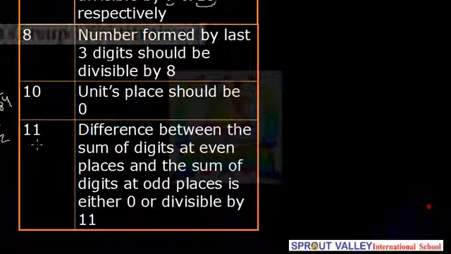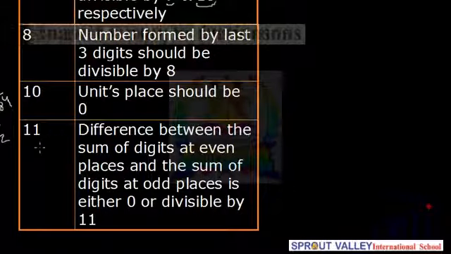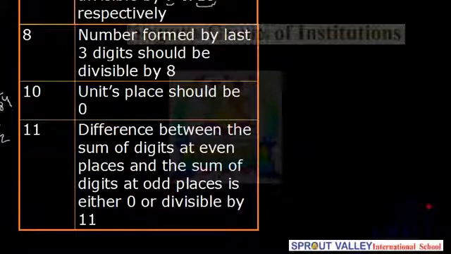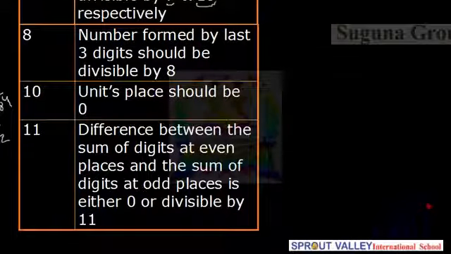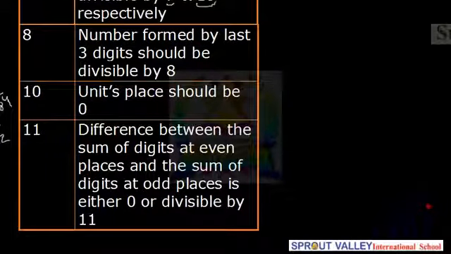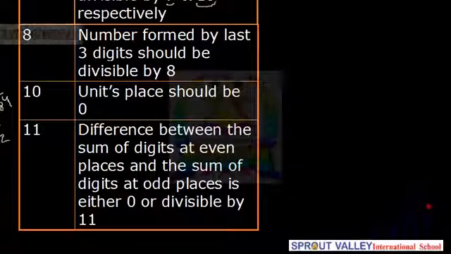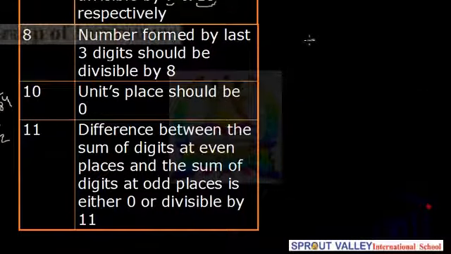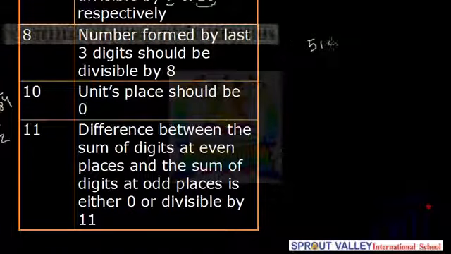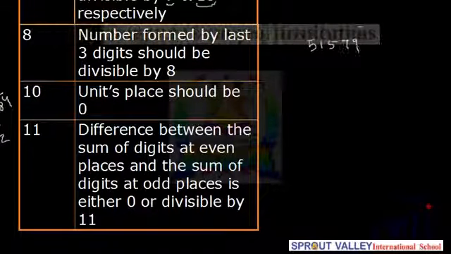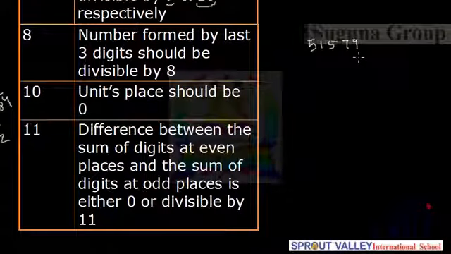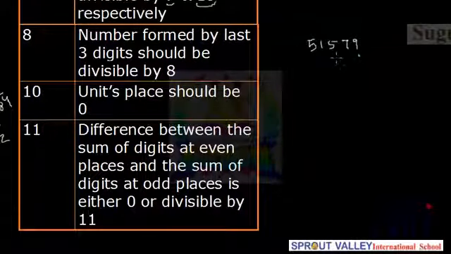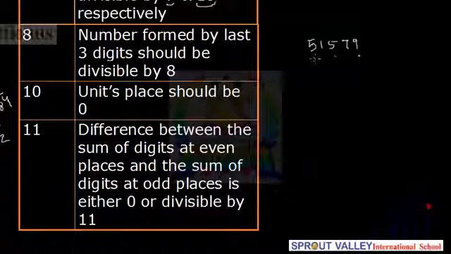And then we have the divisibility rule of 11. So the divisibility rule of 11 says the difference between the sum of the digits at even places and the sum of the digits at odd places should be either 0 or divisible by 11. So if I take a number like 51,579 and let's check its divisibility. If I start counting from the right hand side, this is an odd place and this is an odd place and this is an odd place.